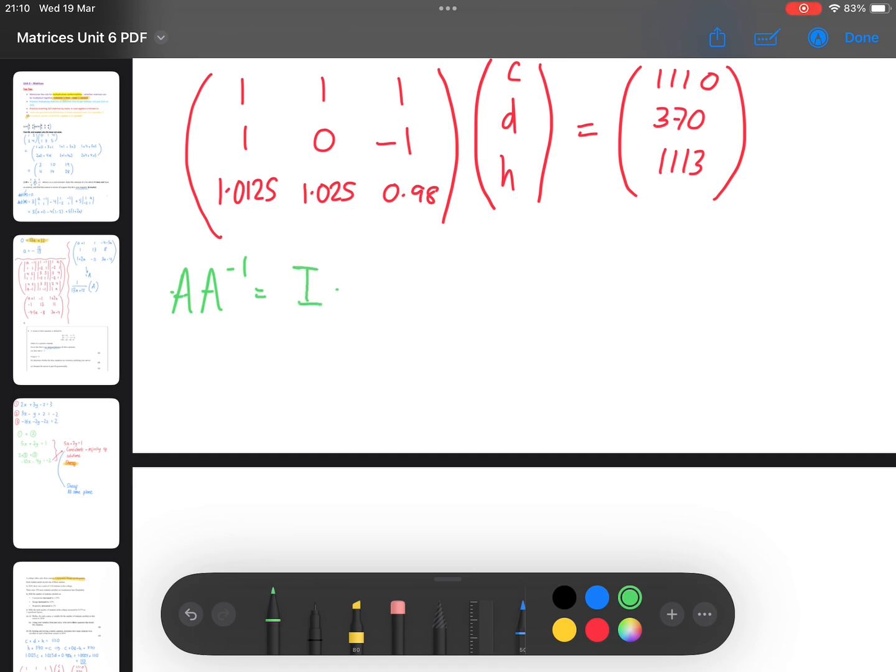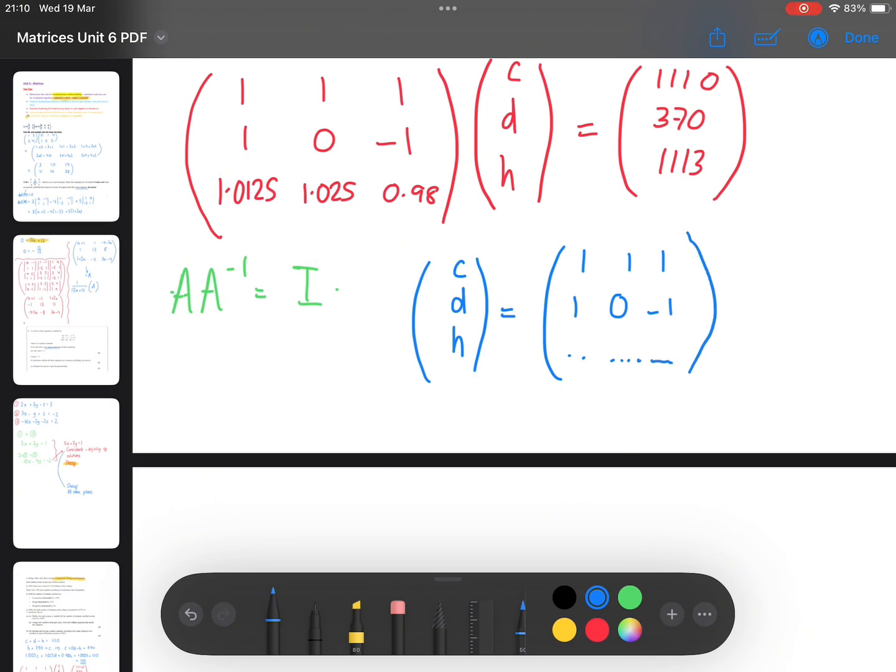So in order to move that matrix over to the other side, we're going to multiply both sides by the inverse of it. That will give us CDH equals the inverse of whatever this matrix is.